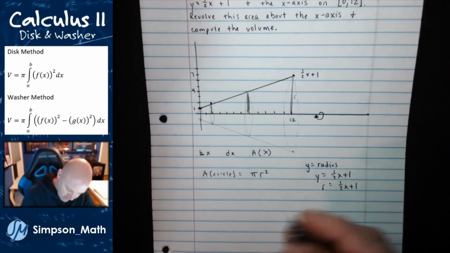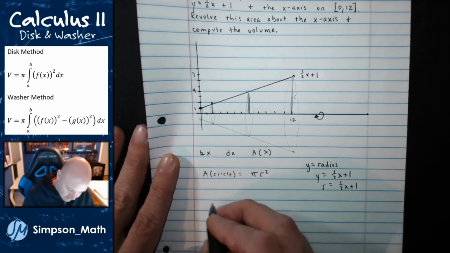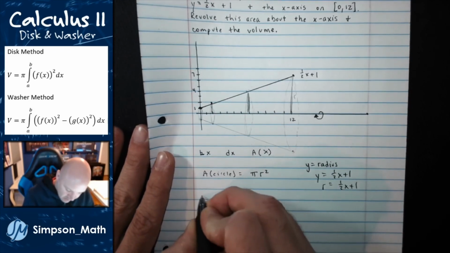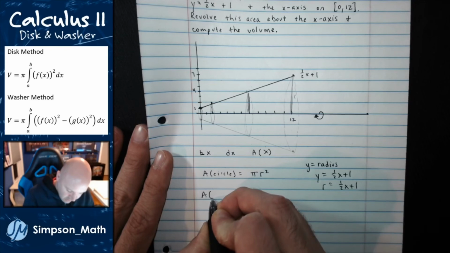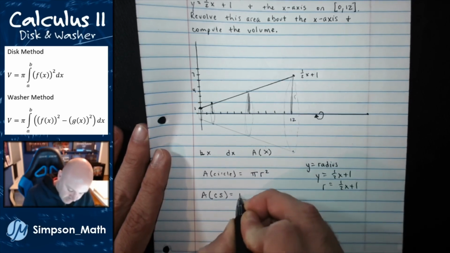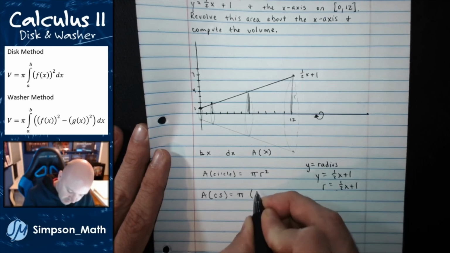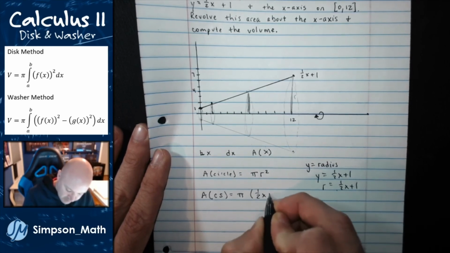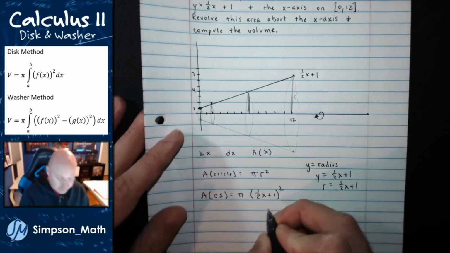All right. So I claim I've got the area of a circle, my cross section, is pi times my radius, which is 1/2 x plus 1 squared.